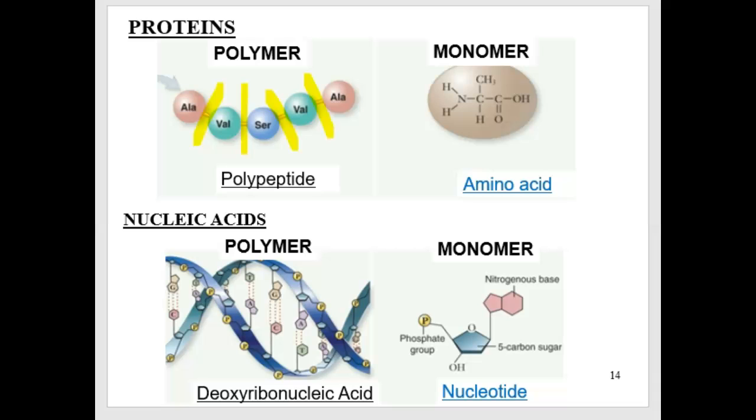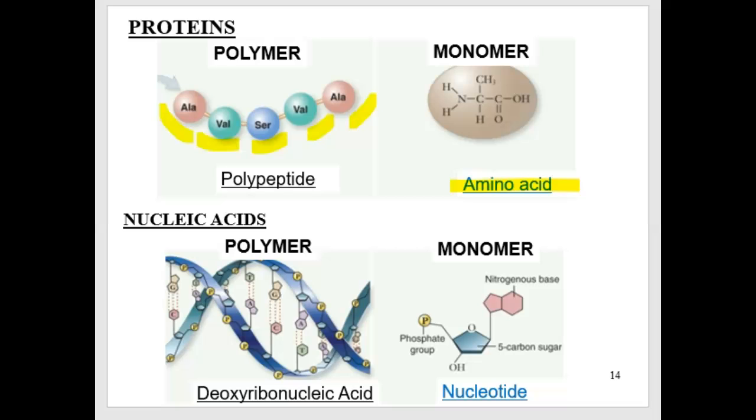But we'll come back to that later. Each one of these individual monomers is called an amino acid. There's some letters on these balls: ALA, VAL, SER. That's an abbreviation for which amino acid it is: alanine, valine, serine. There's many different amino acids.